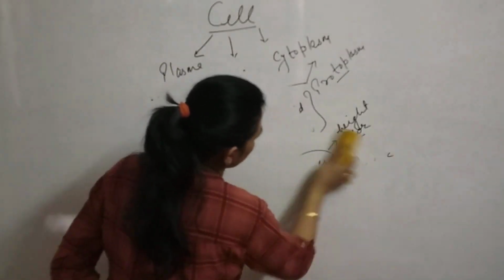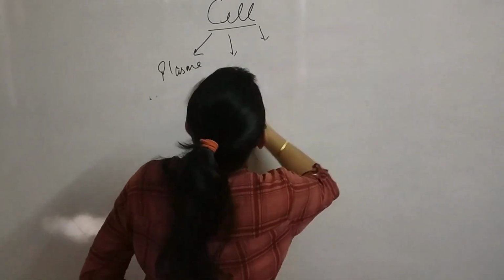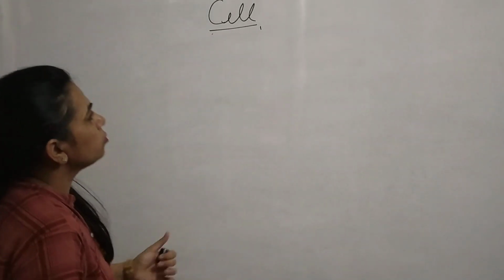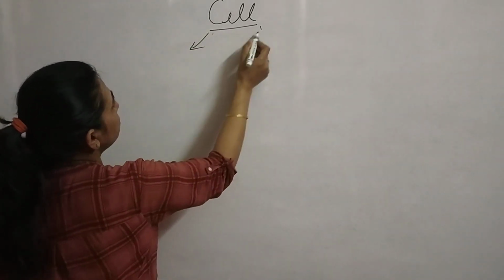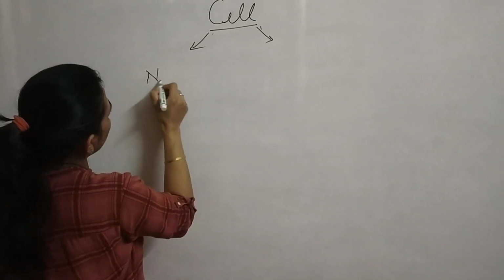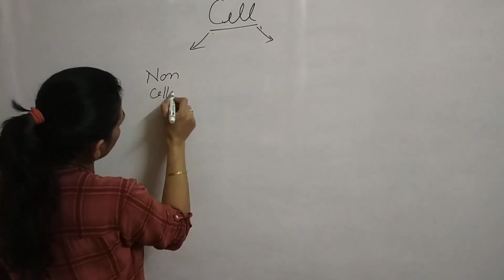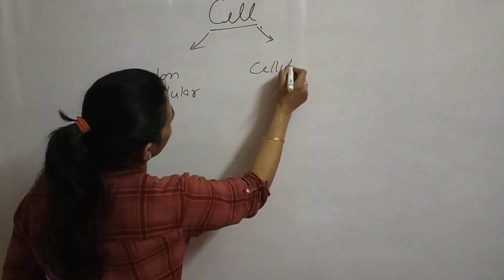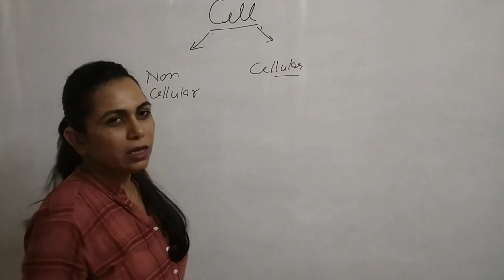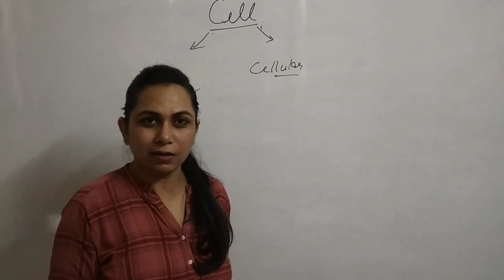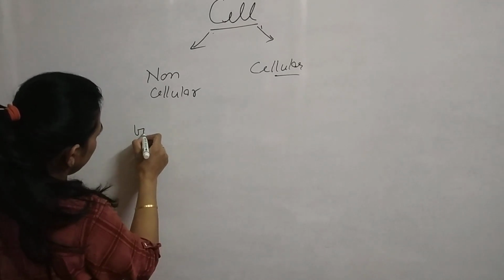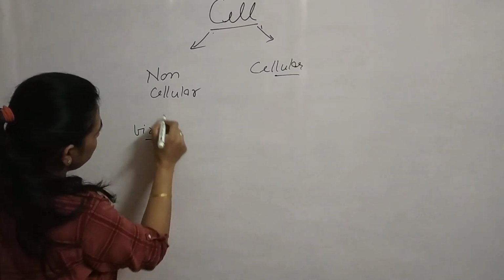Now, if we are talking about all the organisms, there are two types of system. One is non-cellular and another is cellular. Nowadays, you are all familiar with the term virus, coronavirus, right? What is this virus?